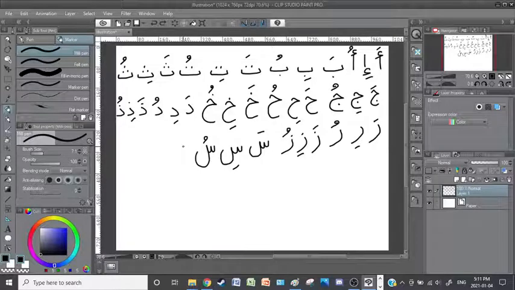So we have sha, she, shu. Dhamma, kasra, fatha. Let me drop it to the side here just a bit to differentiate it from the kasra and the dal above it.